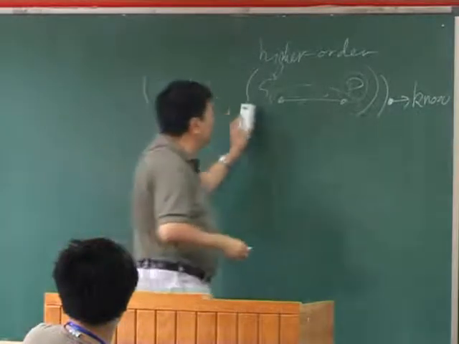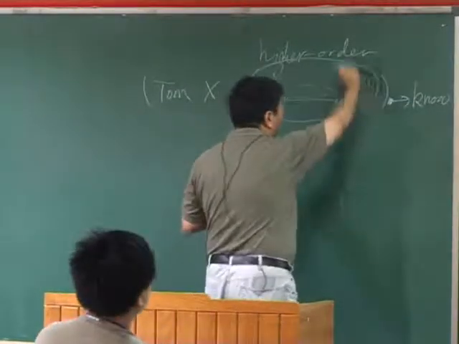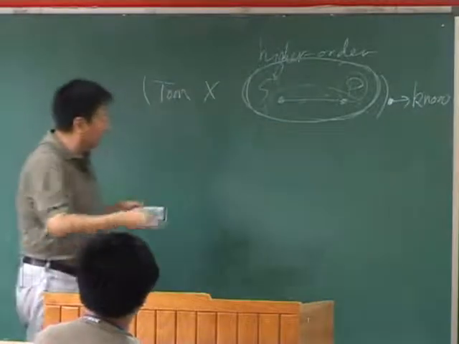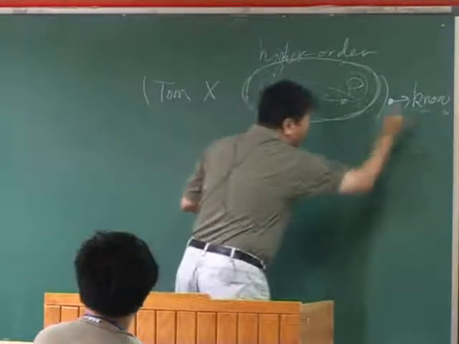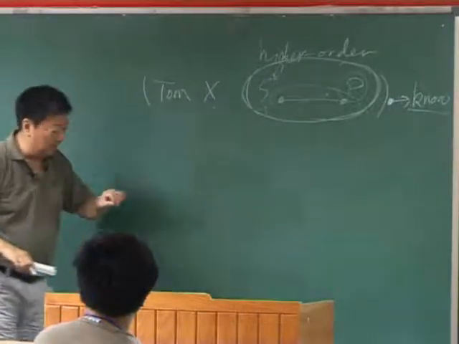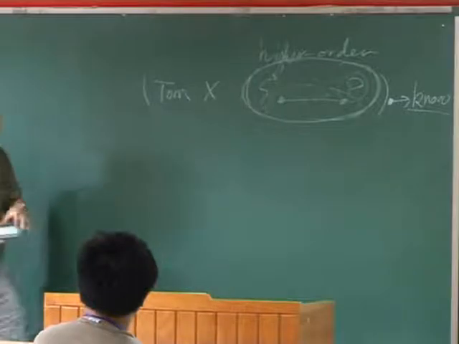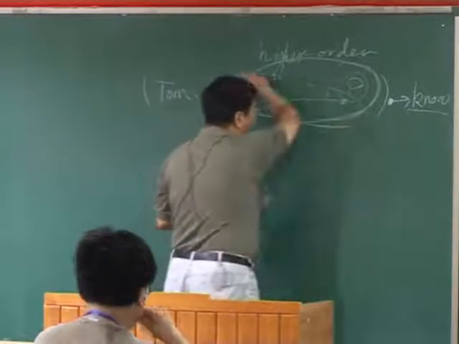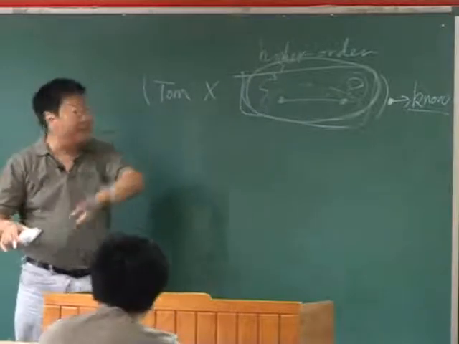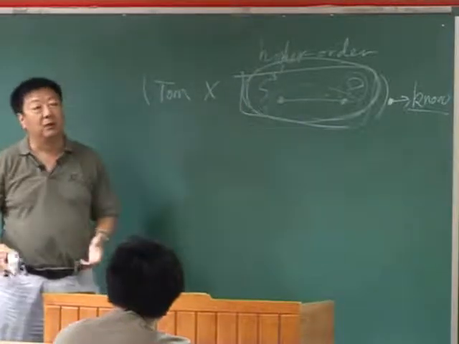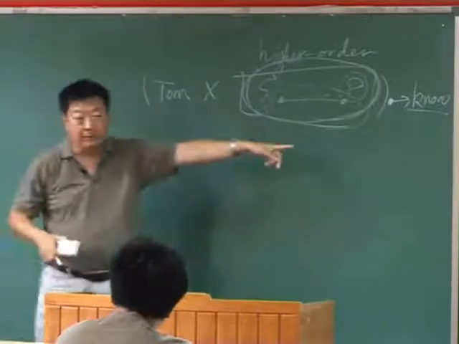Someone knows something, and this something is now used as a term which has the relation with this. So as soon as we allow a statement to be used as a term, this kind of thing can already be naturally fitted into the current structure. There's nothing else to be added for those propositions, or for those relations.